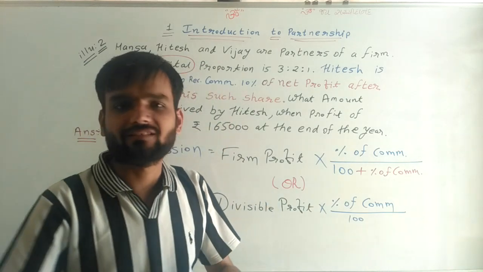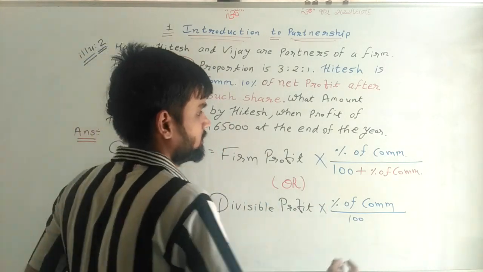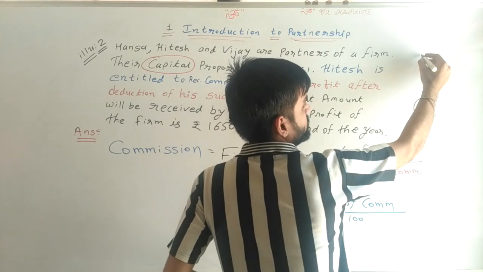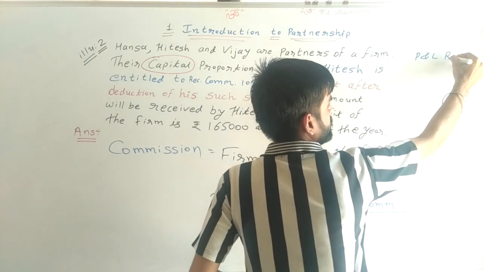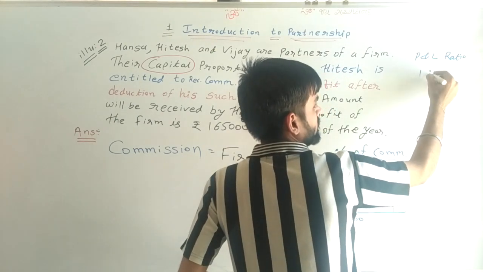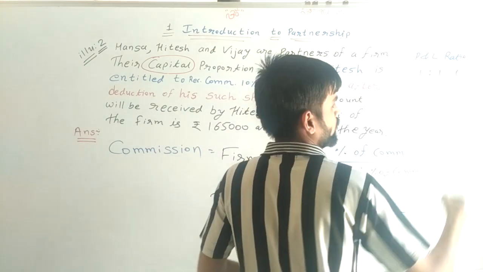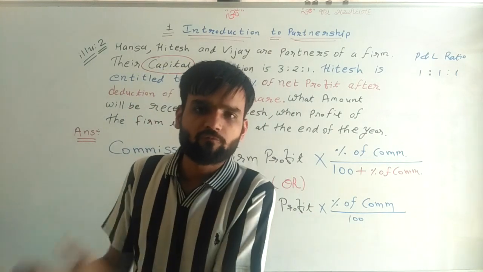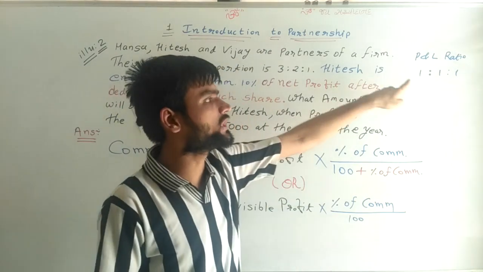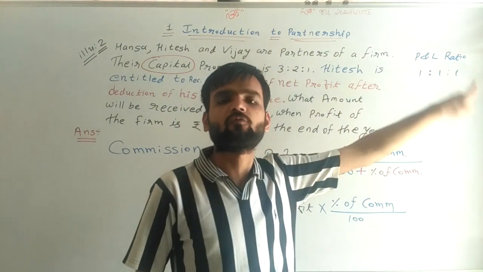So first I write here profit and loss proportion, 1:1:1. Now whatever profit of the firm is distributed among the partners in the ratio of 1:1:1.